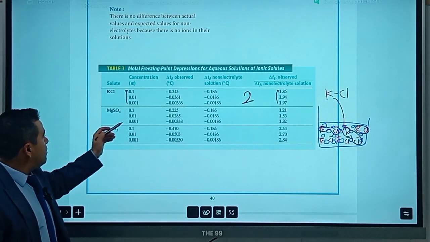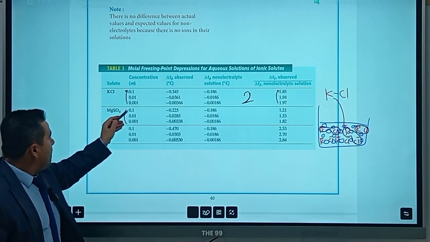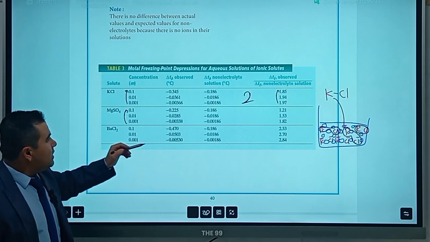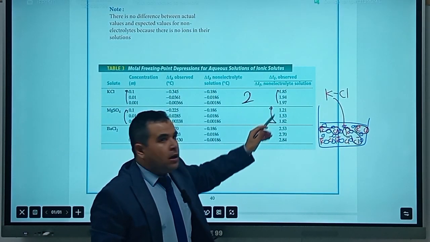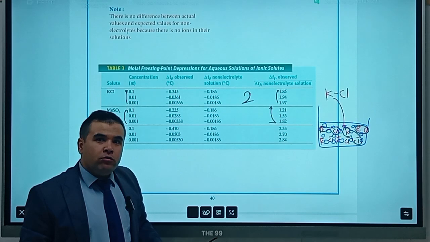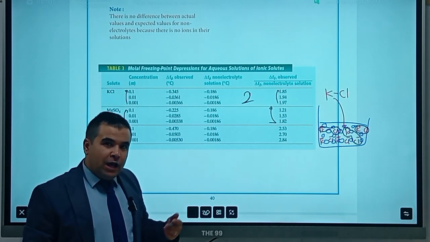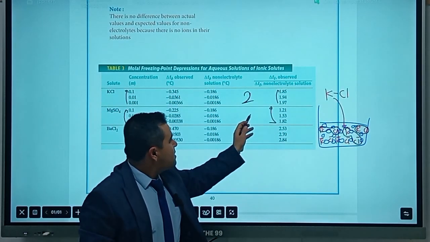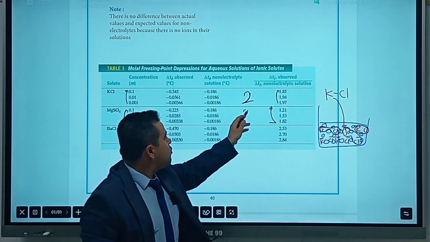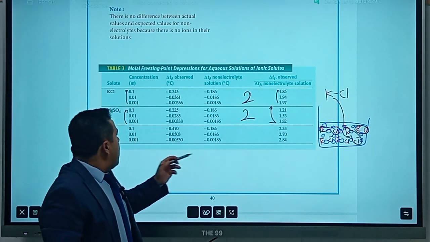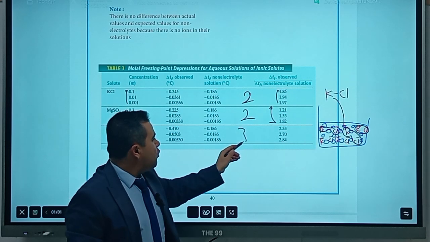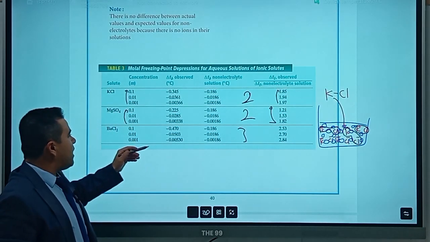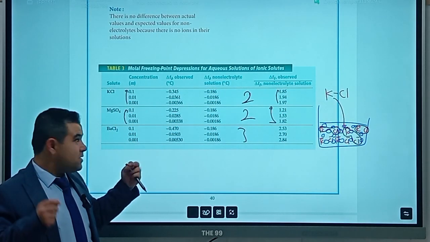Have a look at MgSO4, the same. As we increase the molality, the actual effective ions decrease, guys. This should be MgSO4, 2. BaCl2 should be 3, the theoretical, expected factors.